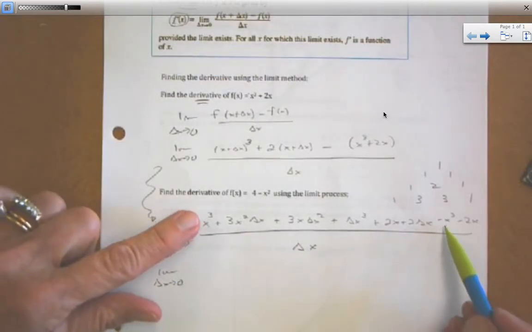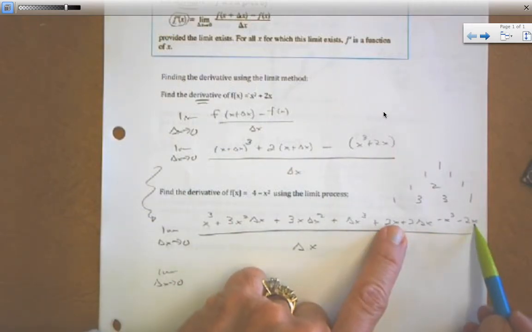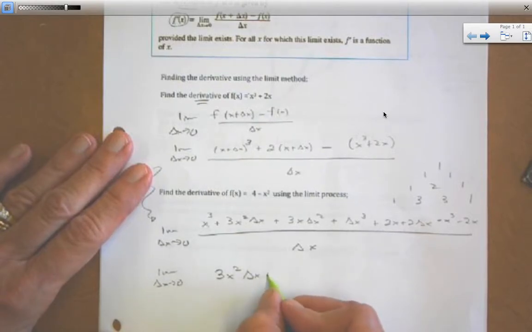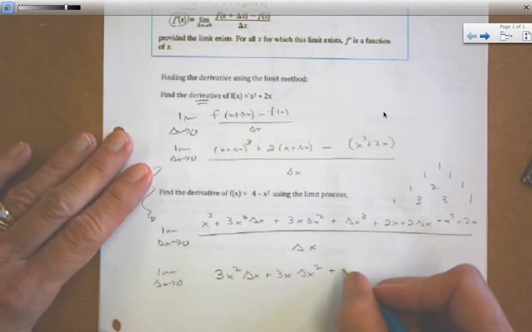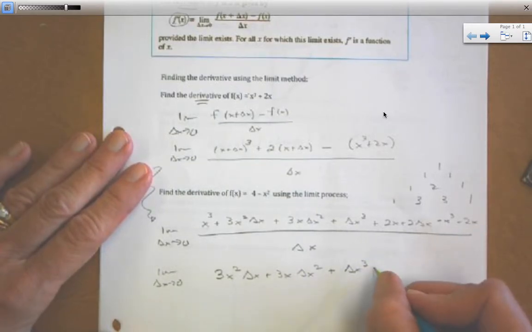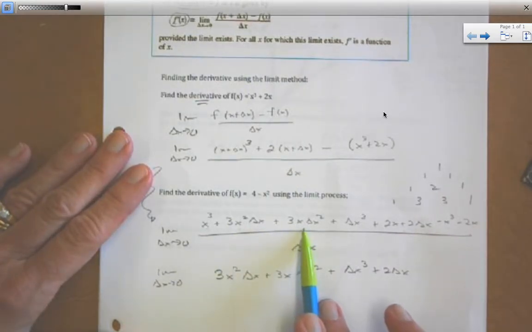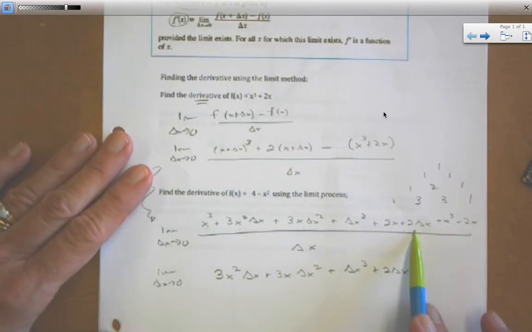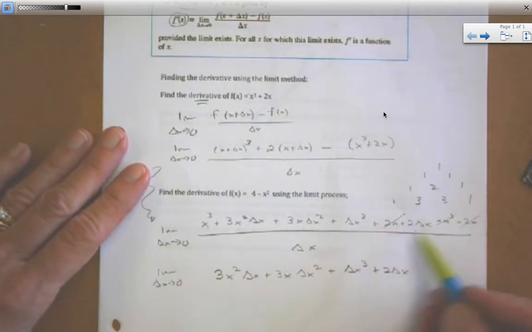So notice my x cubes dropped out, my 2x's drop out, so I'm left with 3x squared delta x plus 3x delta x squared plus delta x cubed plus 2 delta x. Just making sure I got my algebra set up correctly. It is so easy to make an algebra mistake. These dropped out, right? And these dropped out.